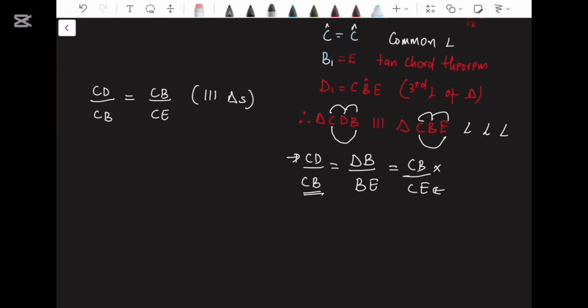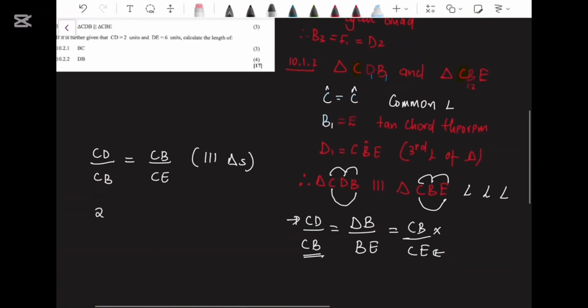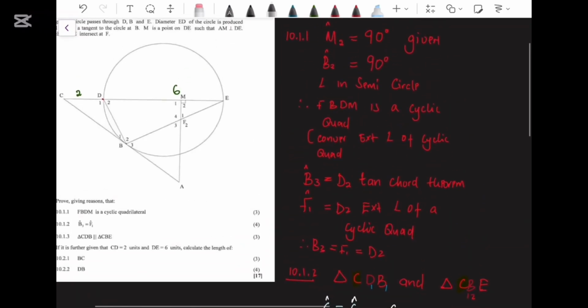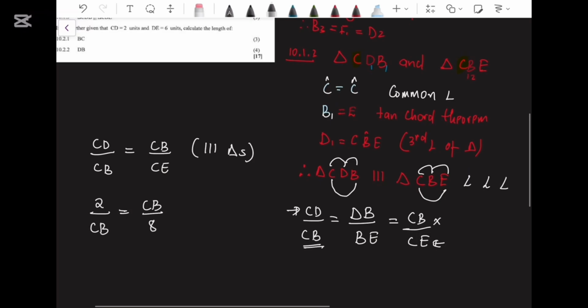So now, what is our CD? From the diagram, our CD is 2 over CB. This is equal to CB that we are looking for over what is our CE? It is a combination of CD and DE, so it will be 8.